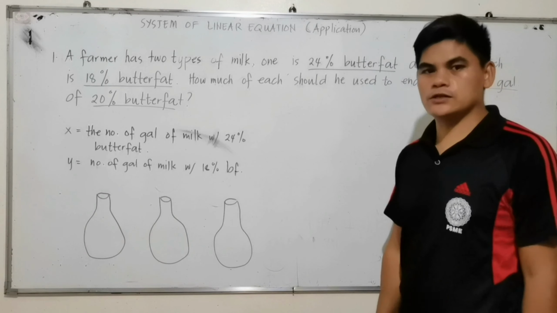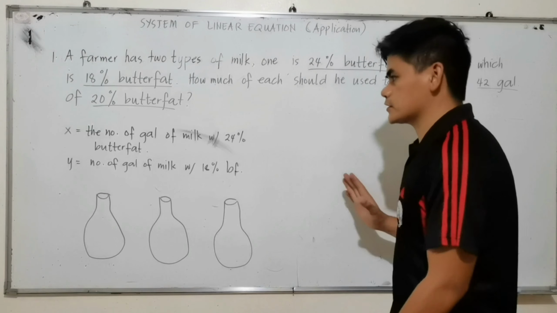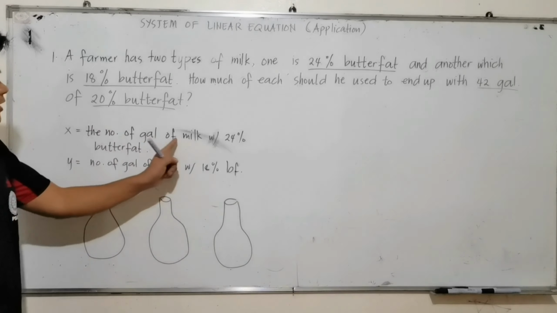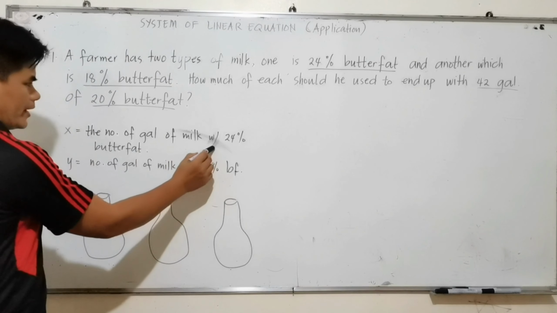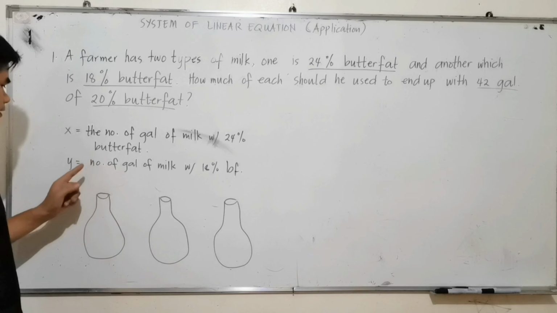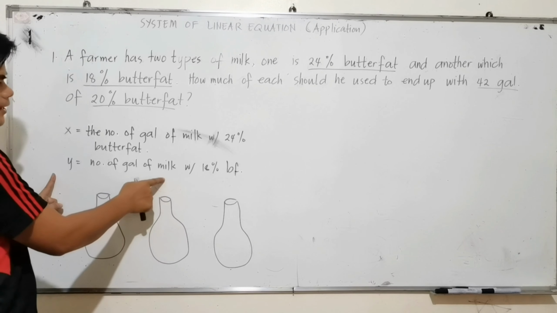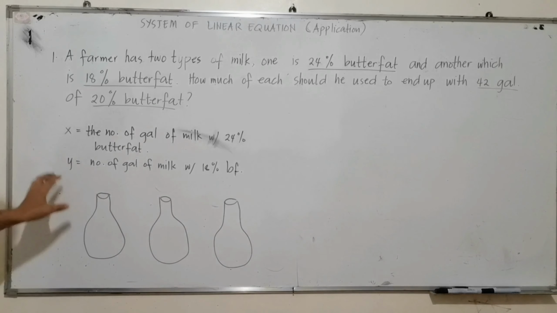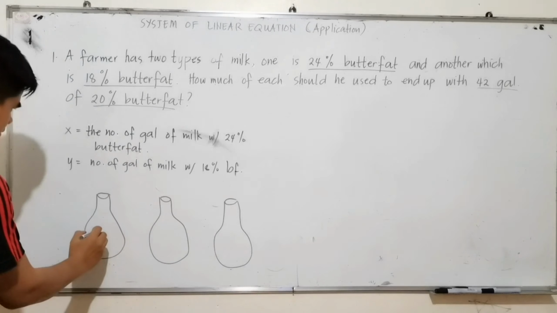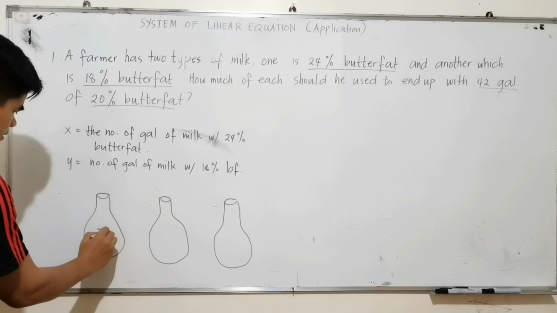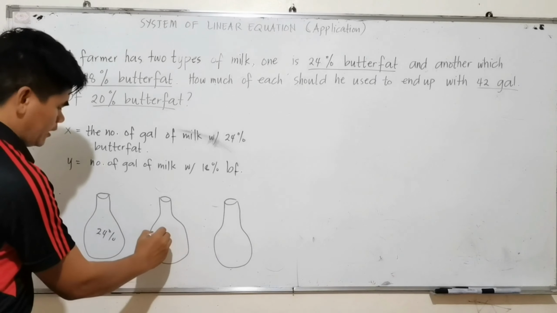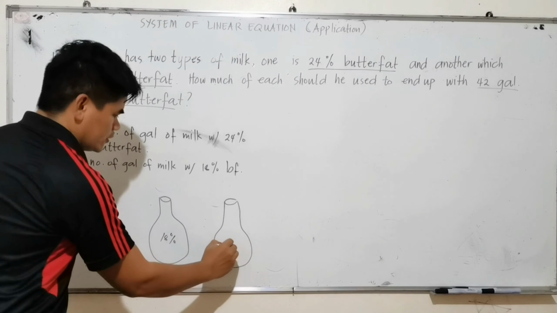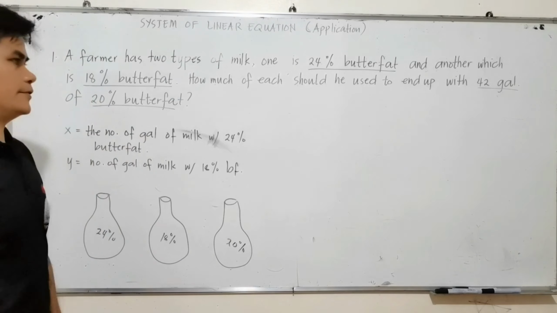Now, the first thing we need to do is visualize the problem. If we let X be the number of gallons of milk with 24% butter fat, and Y the number of gallons of milk with 18% butter fat, then to illustrate, this is a gallon with 24% butter fat, a gallon with 18% butter fat, and this gallon is of 20% butter fat.